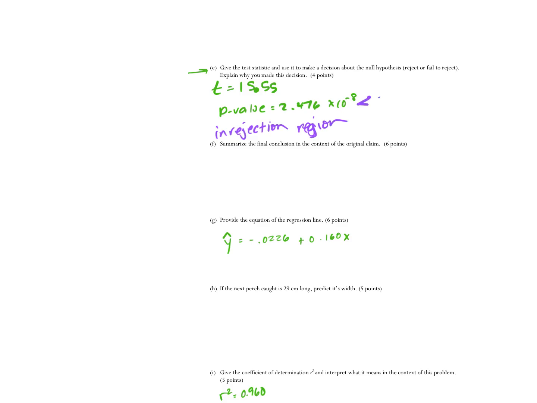Where my p-value is less than 0.10. If you wrote that there, it'd be fine. Okay, so we are going to reject.